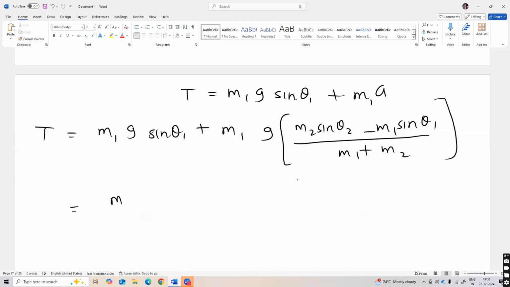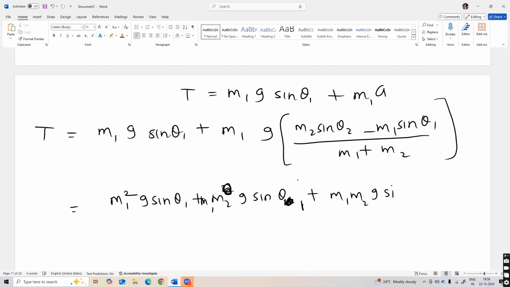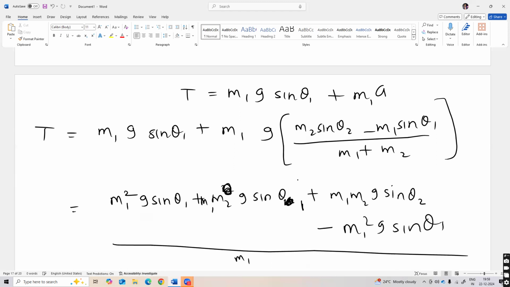So we will get m1 square g sin theta 1 plus m1 m2 g sin theta 1, plus, again this multiplication will give us m1 m2 g sin theta 2, minus m1 square g sin theta 1, and the whole term will be divided by m1 plus m2.